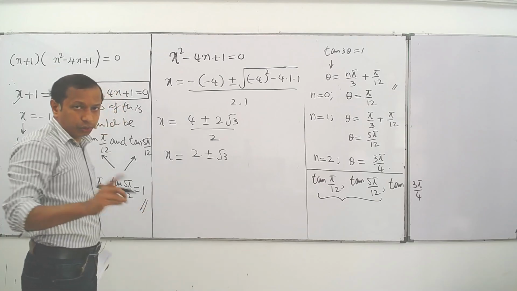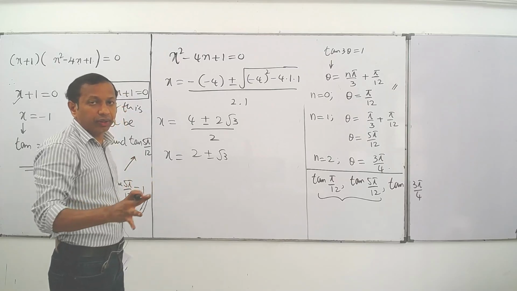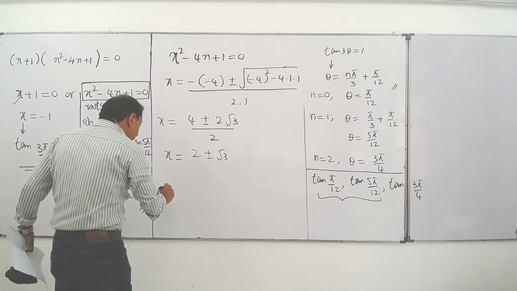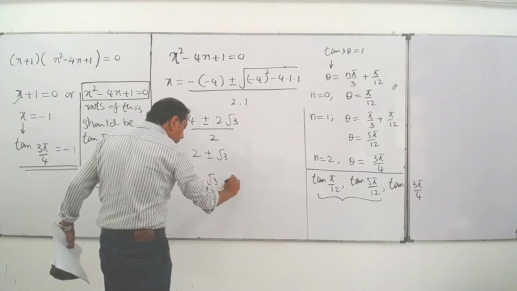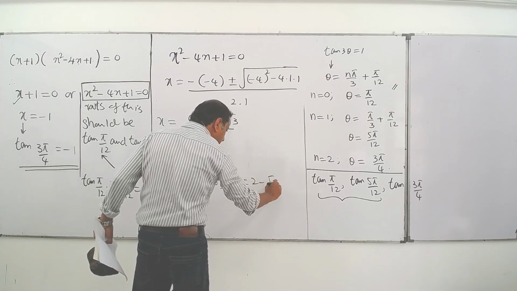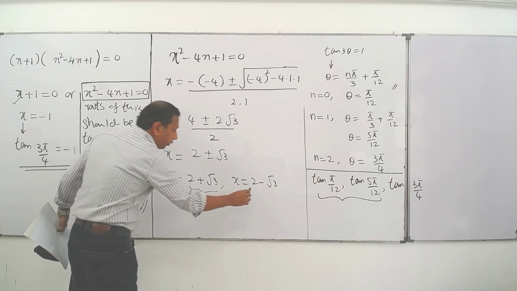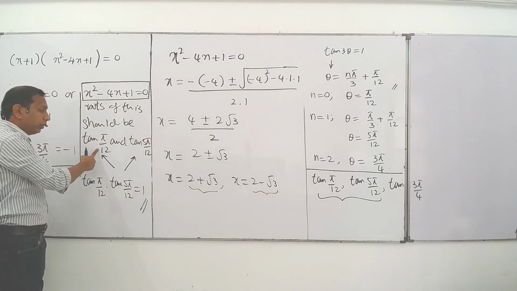Okay? Then there are two answers. Right? So this x means tan theta. Then the two answers: 2 plus root 3, the other is 2 minus root 3. Right? One of these two would be the answer of tan pi by 12.